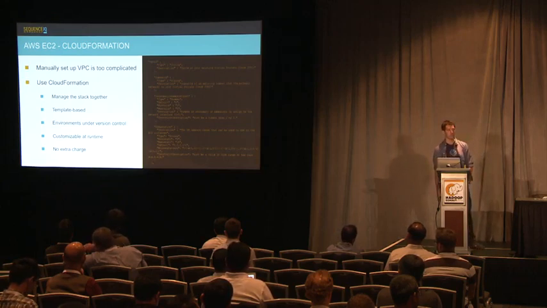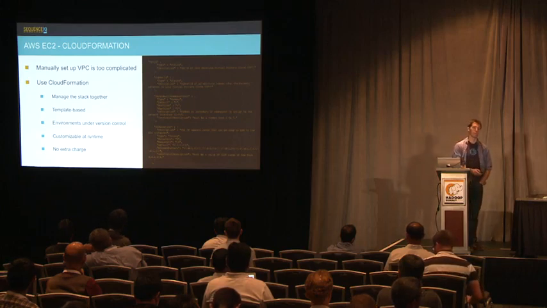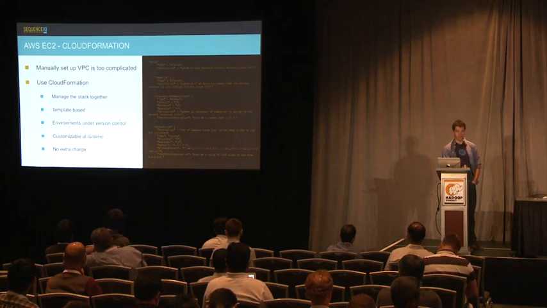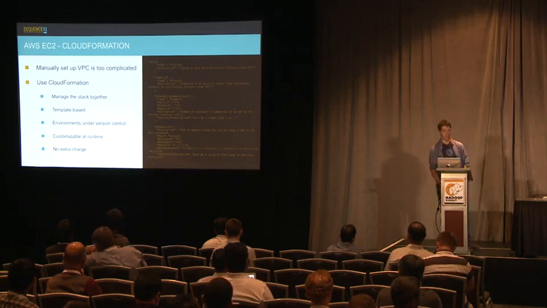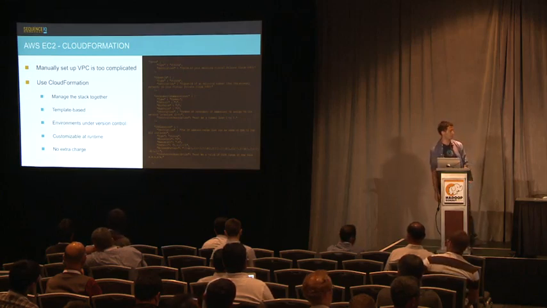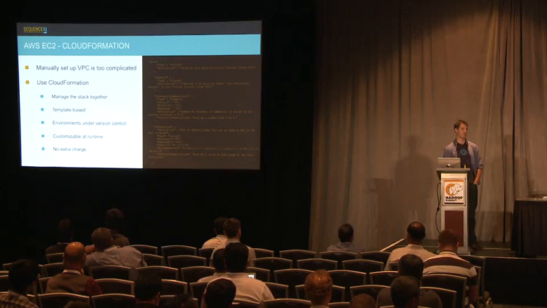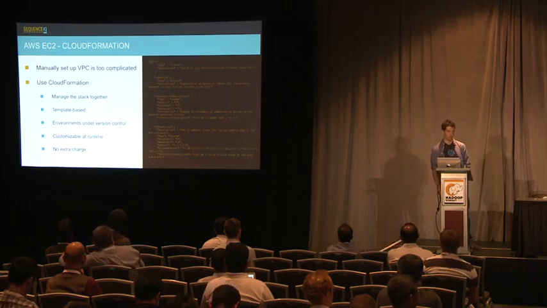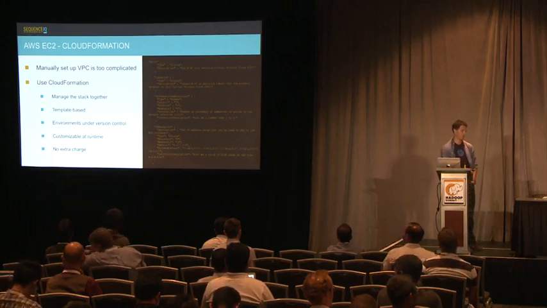Since there are no manual steps involved, you are pretty much sure that you have created the very same stack on QA, for example, on prod or dev. You can customize at runtime, and you can always add nodes at runtime. This saves you like 60 API calls, and it's all for free. So we strongly suggest, if you want to set up an infrastructure on EC2, probably the first thing you should check is CloudFormation.